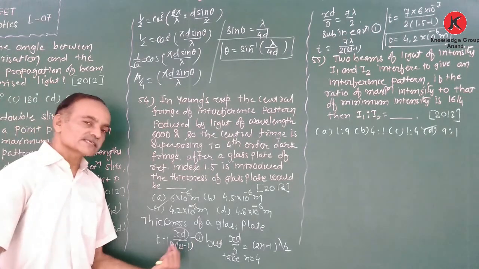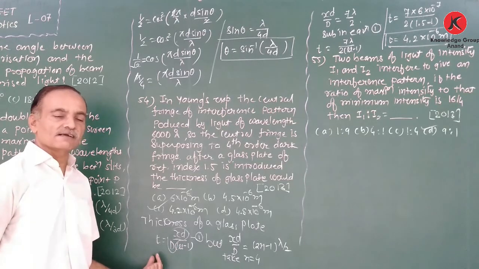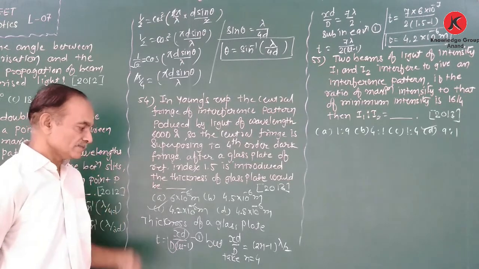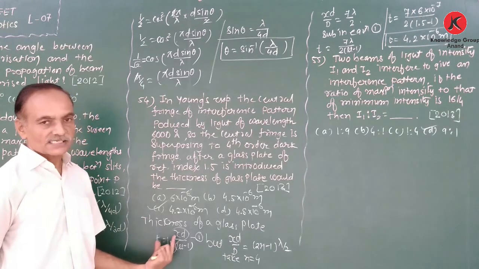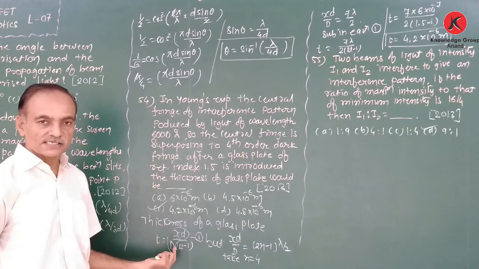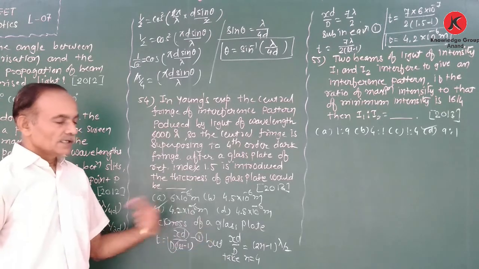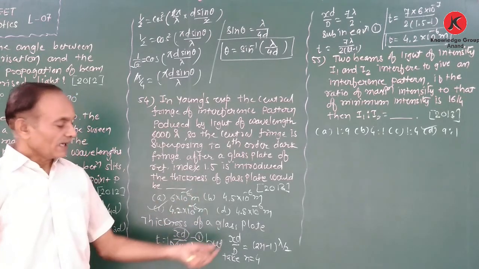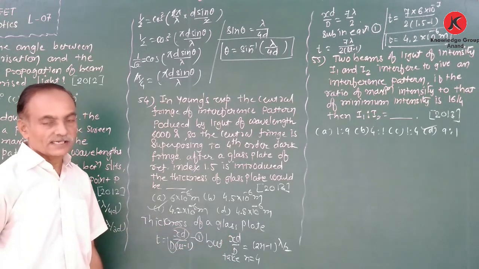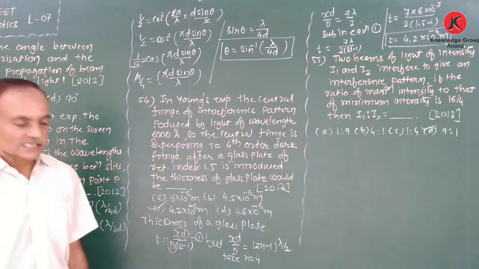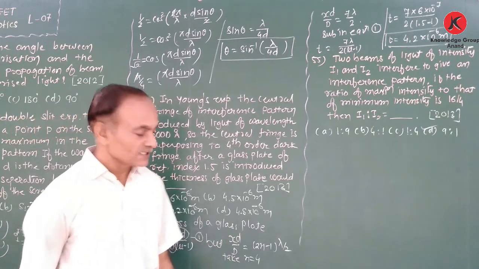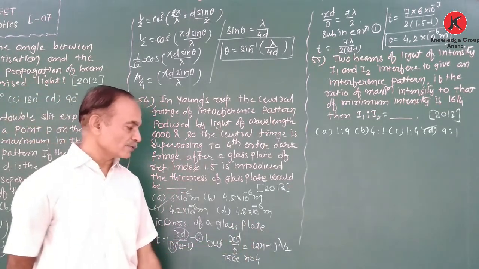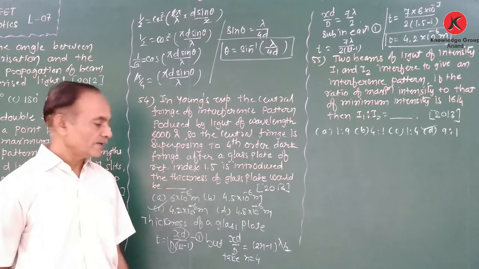So for that purpose, keep in mind this equation: T is equal to xd upon capital D into (mu minus 1). This equation is given in all our syllabus of Gujarat board. Now in NCERT directly that is accepted. But now listen, for xd upon capital D, from the condition for path difference for the dark fringes, that is destructive interference, xd upon D is equal to (2n minus 1) into lambda by 2.